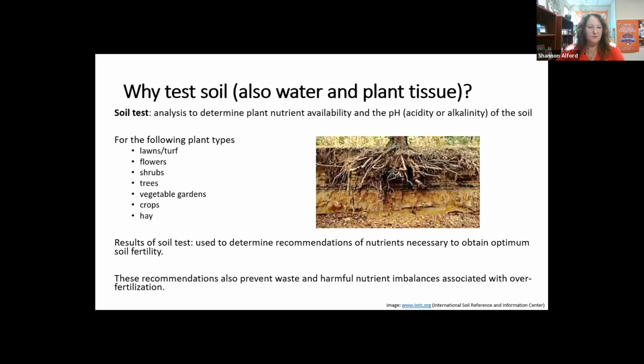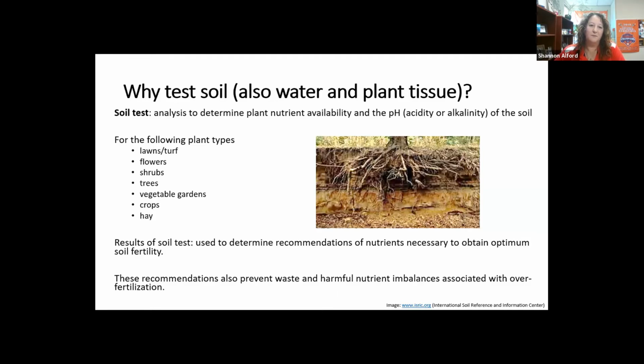Generally, we get samples from growers who are interested in lawns and turf. We have a lot of turf managers and golf course managers who are sending us samples, but also homeowners who are growing flowers or, you know, some lavender farms now are becoming popular.